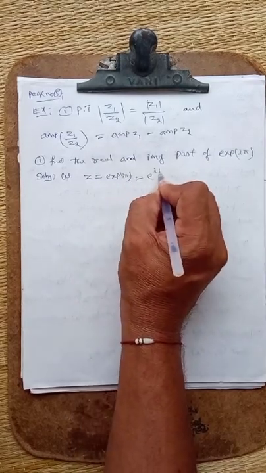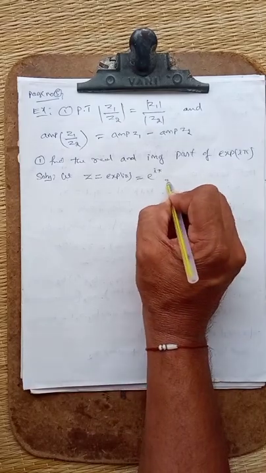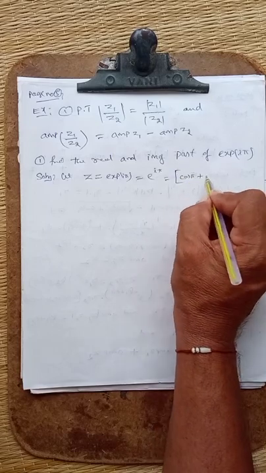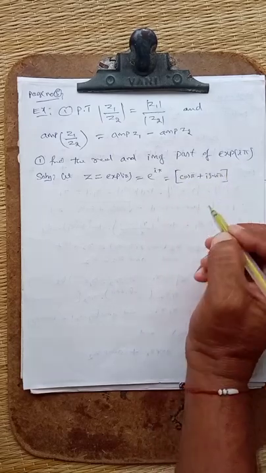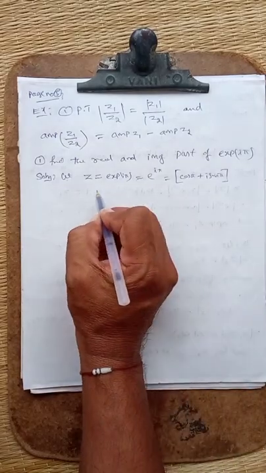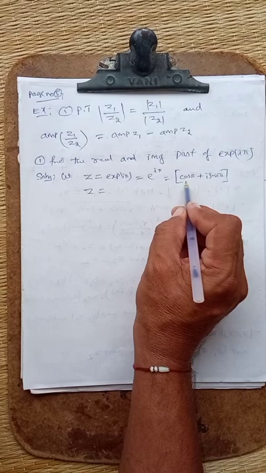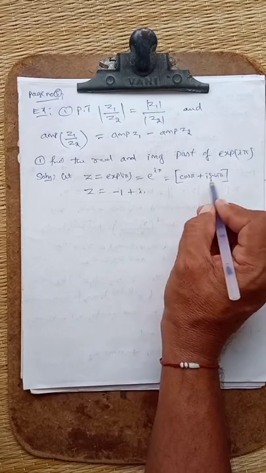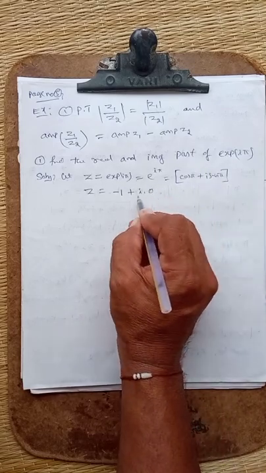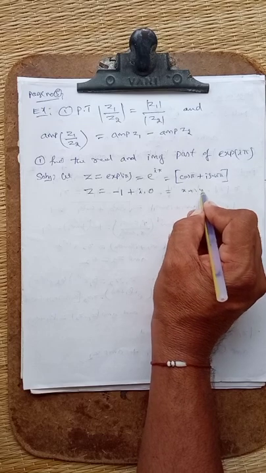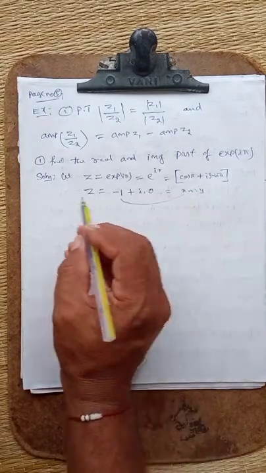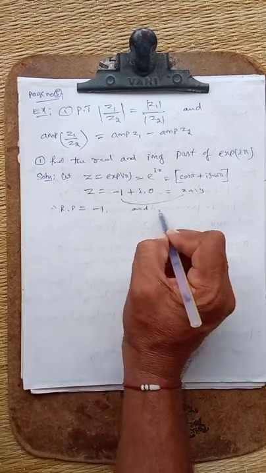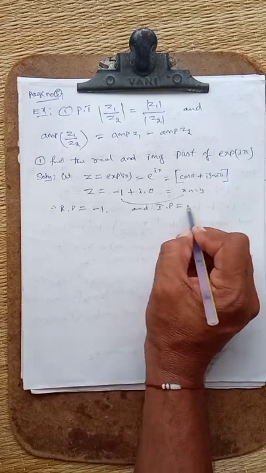This is the same as e to the power of i5. E to the power of i5 can be written as cos phi plus i sin phi. Is it right? So therefore z equals, what is the value of cos phi? Cos phi value is -1 plus i into sin phi value is 0. This is of the form x plus iy, and therefore real part is -1 and imaginary part is 0.